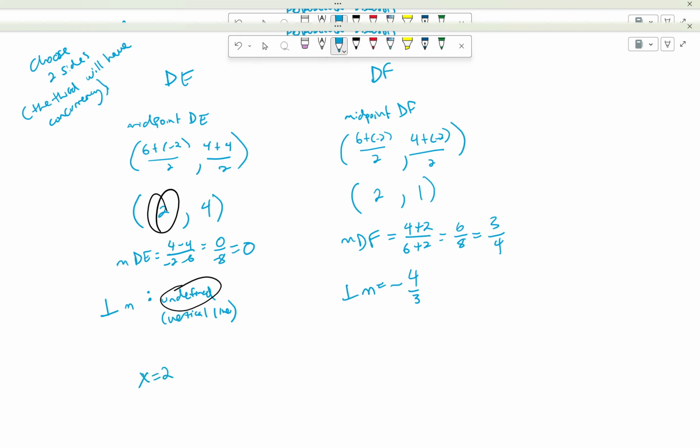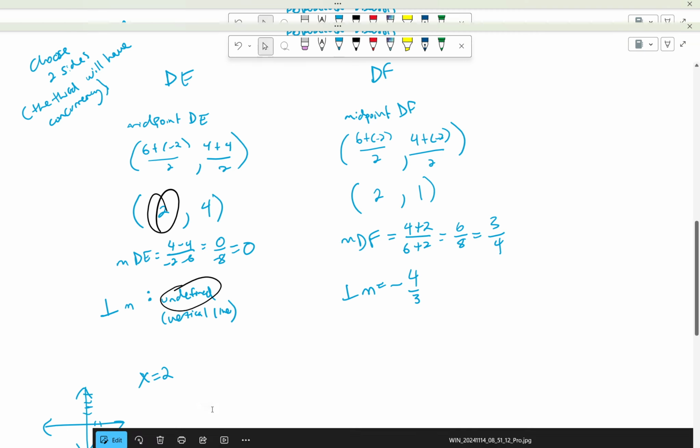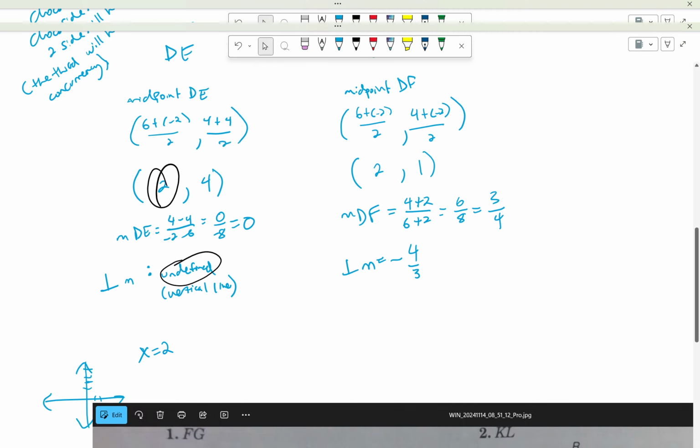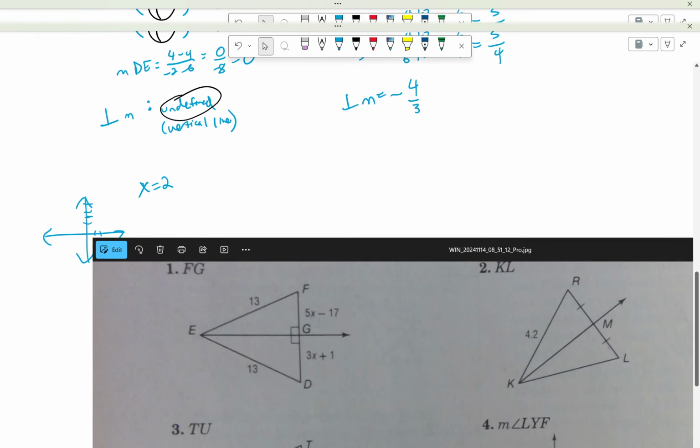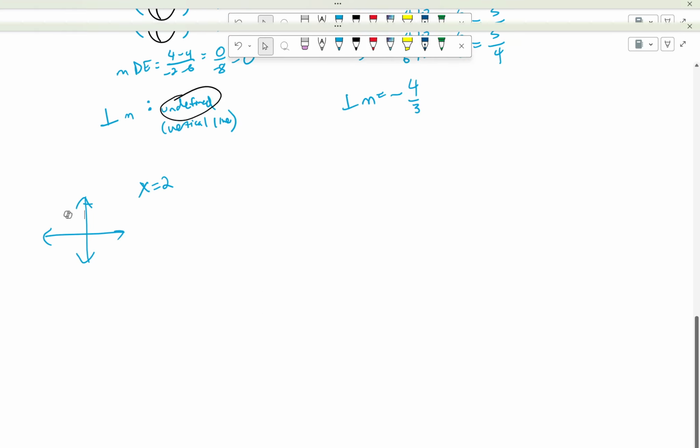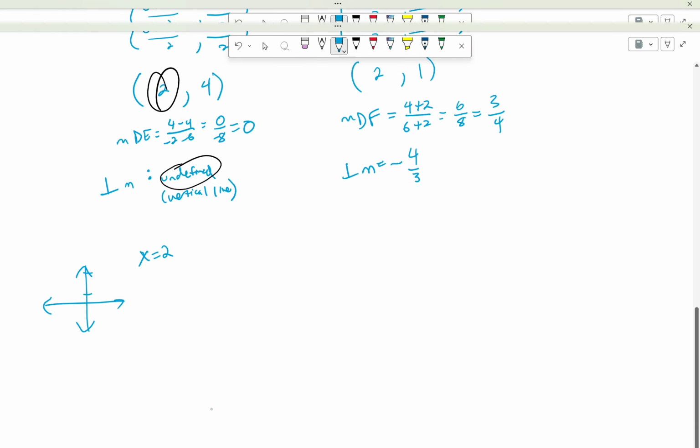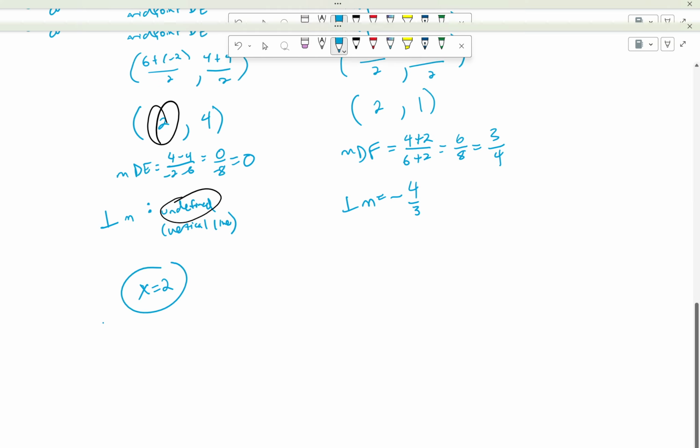All right, and in my coordinate plane, it's going to be this, right, over here. Let's go ahead and get rid of that. 1, 2, 3, 4, 1, 2, and this is the line that's going to go through it. So that's my vertical line. The equation of that, of course, is just x is equal to 2. So boom, I've got that.